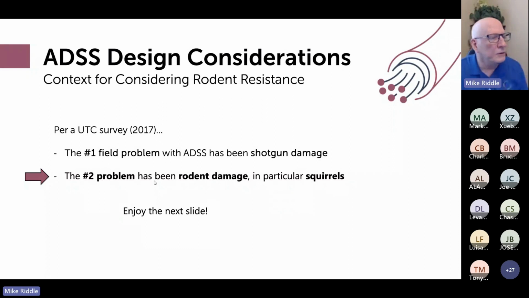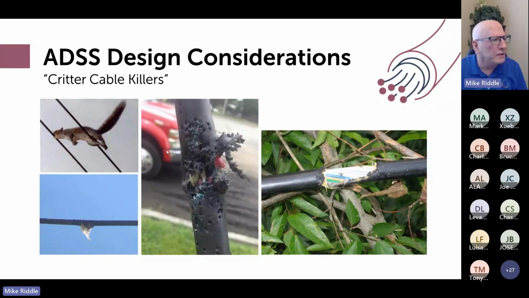But a close number two was rodent damage, in particular squirrels. And so here are some pictures of what you see in the field. I think the middle one is actually shotgun damage, but it was interesting to show that. But notice our little fellow here, what the heck he's trying to do. I have no idea, but they do significant damage to ADSS cable in certain parts of the world.